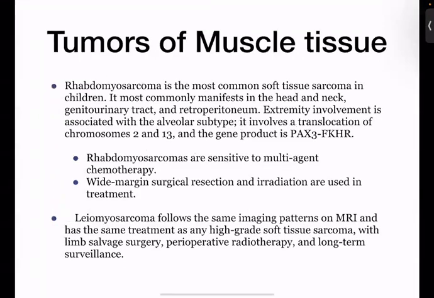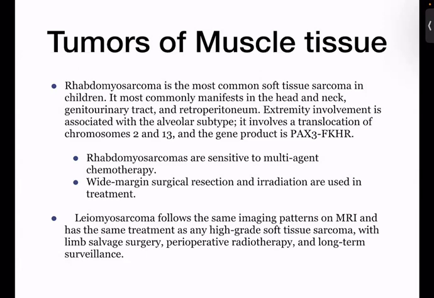Okay, muscle tissue. I put the MRIs at the beginning just so that we have examples, but the rest, honestly, is all knowledge, unfortunately. It's heavily condensed, but bear with it. Rhabdomyosarcoma is the most common soft tissue sarcoma in children. In pediatric patients, soft tissue sarcoma comes in the head, neck, genitourinary tract, and retroperitoneum.